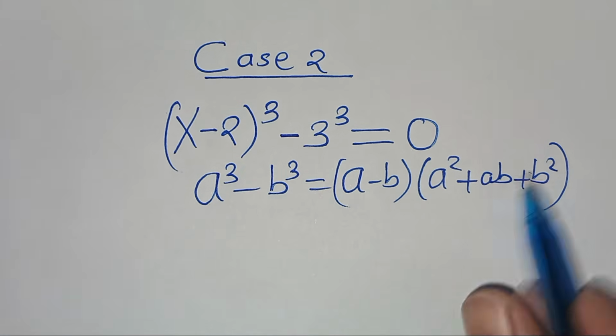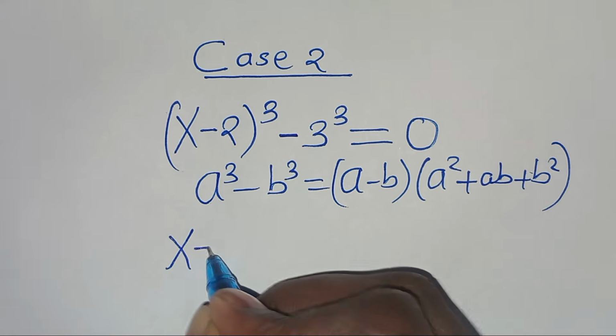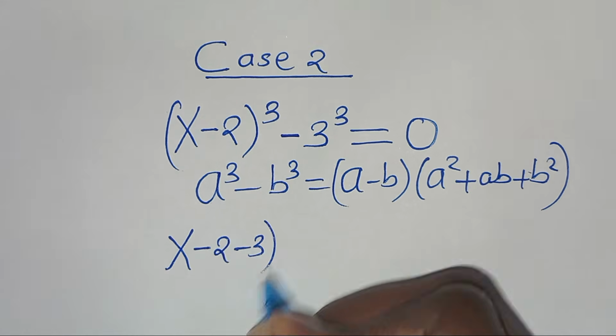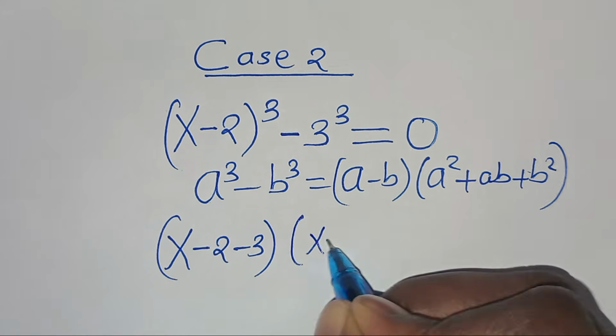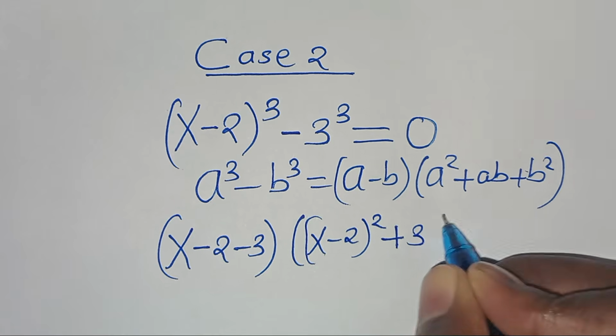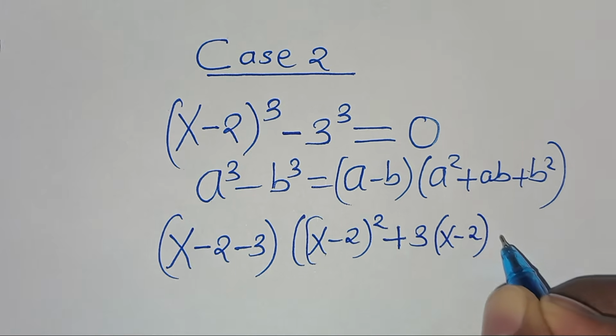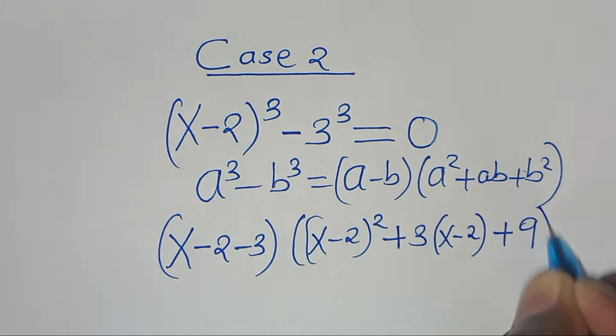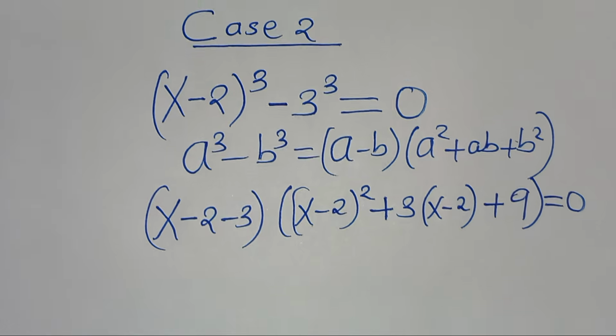Applying this identity, then here we have (x minus 2 minus 3), then (x minus 2) to the power of 2, then plus 3 multiplied by (x minus 2), then plus 3 squared, which is 9. This is equal to 0.